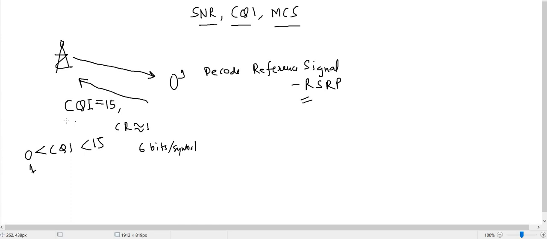One more thing, with these parameters, UE is telling eNode B what kind of radio quality is there in the downlink direction.